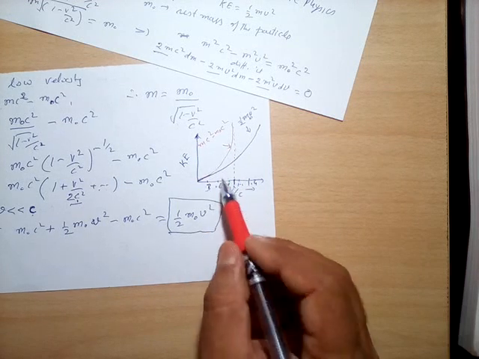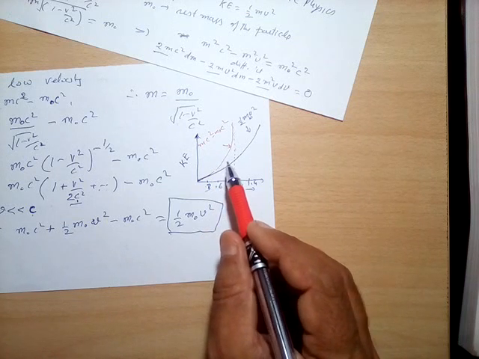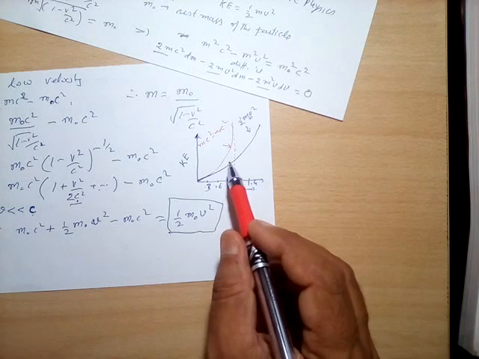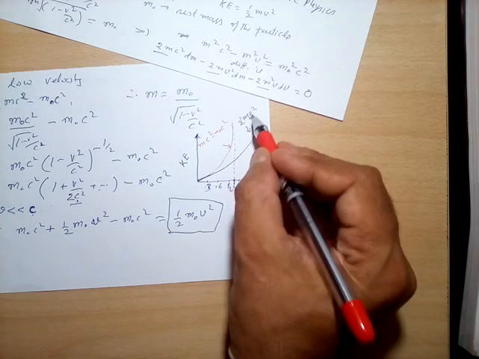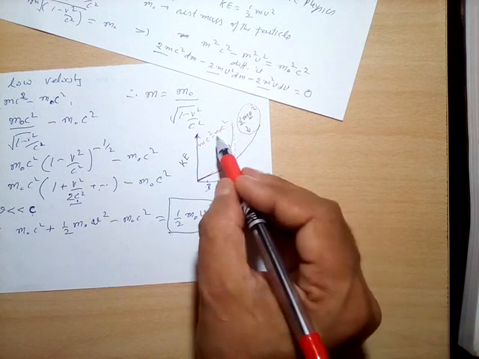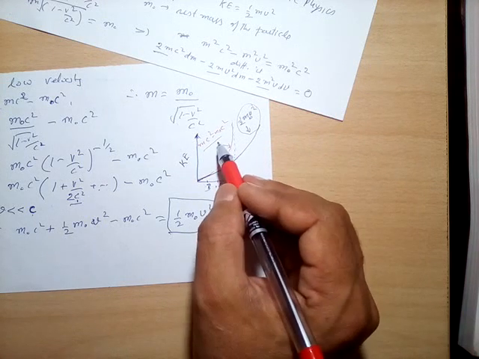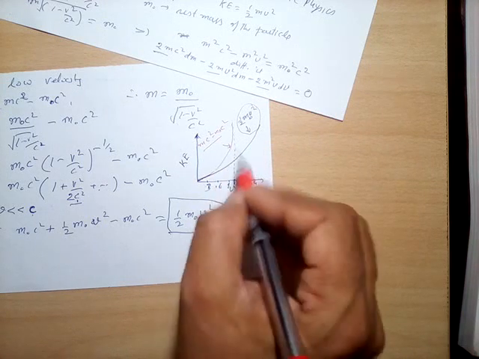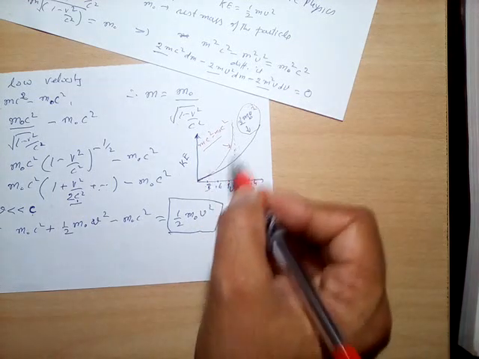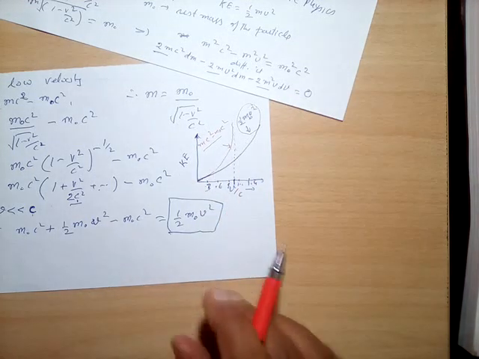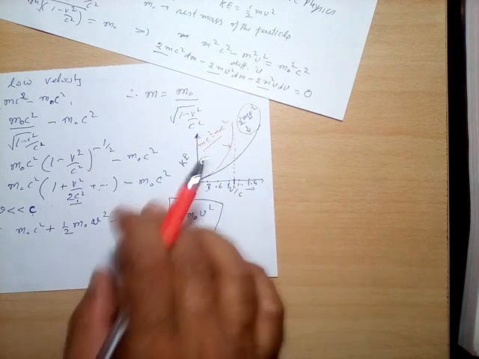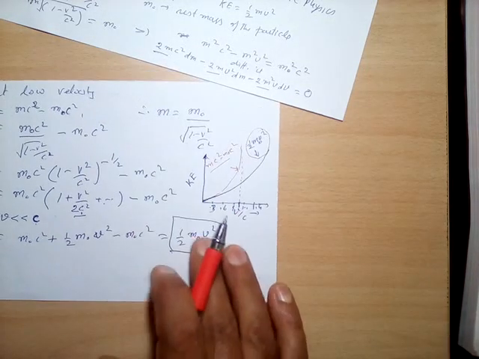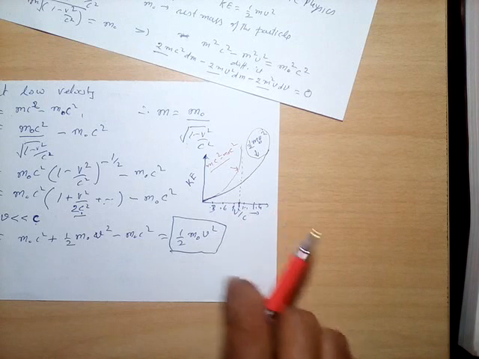So this is the comparison between the classical and the relativistic formulas of kinetic energies. The variation is different in both cases. So this is regarding the relativistic kinetic energy.